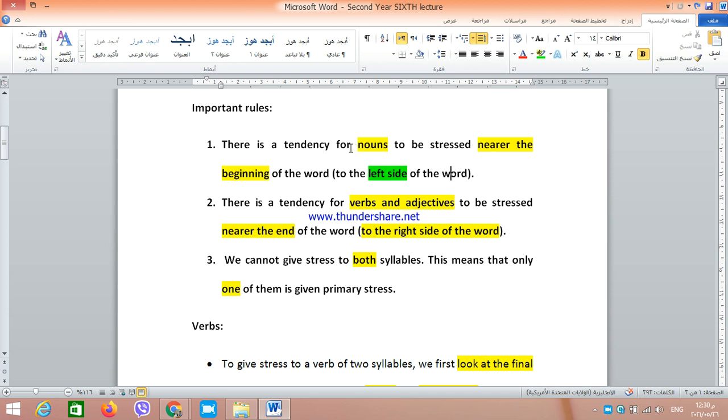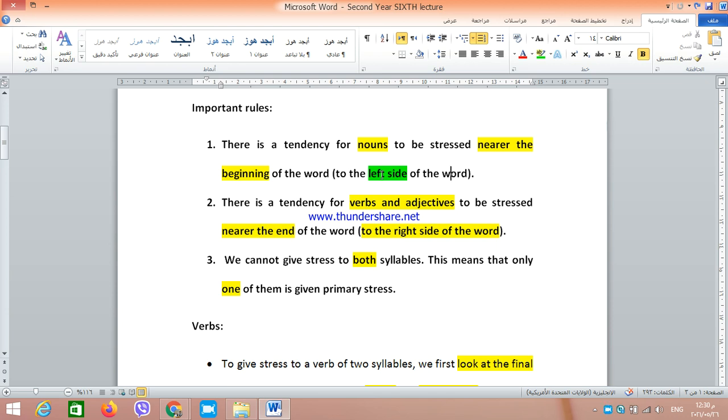Again, in nouns there is a tendency to have stress near the beginning of the word, to the left side of the word. So in our case today of having two-syllable words, the first one is the one that is most often stressed.